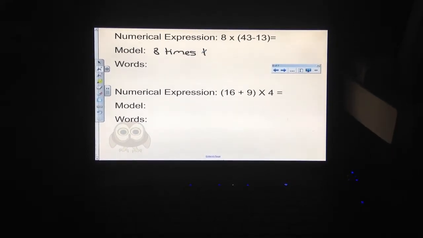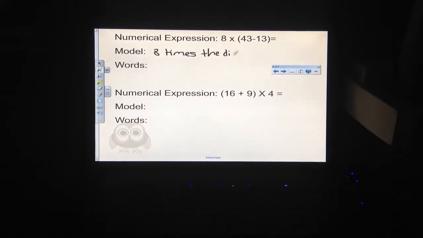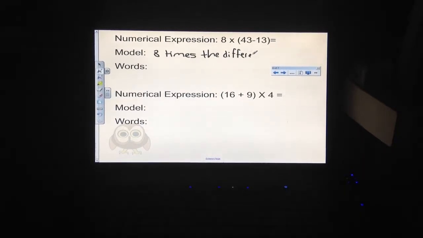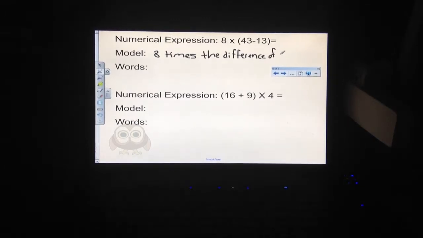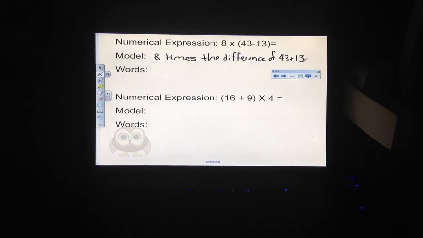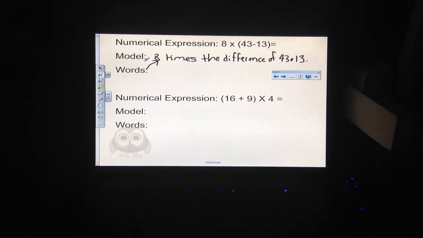So 8 times the difference of 43 and 13. Okay? That's my words.